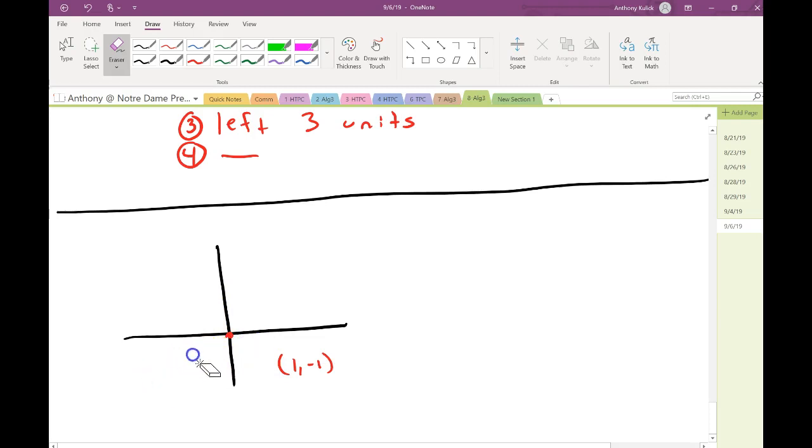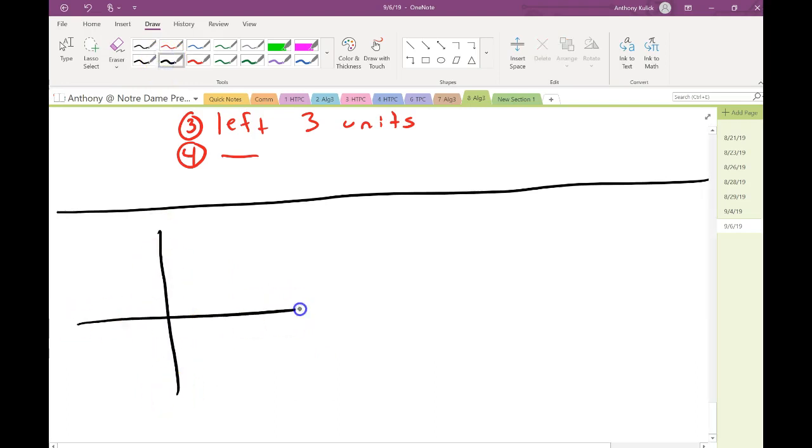Actually, I want to do this a little bit differently. So let's say we're given that this is our parent function, our f of x.